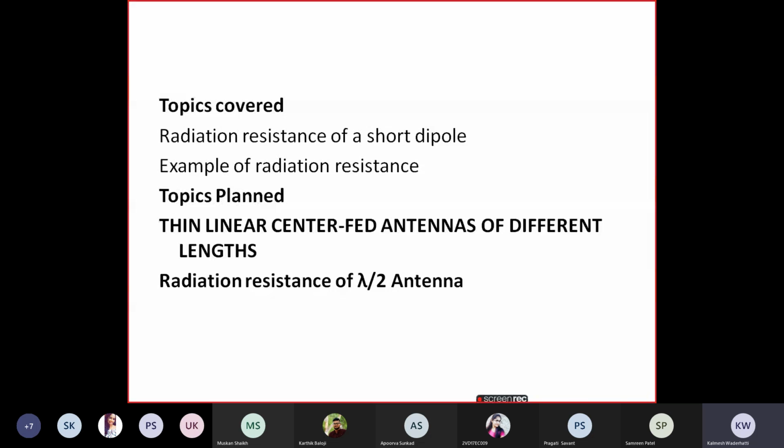Previously, we discussed the radiation resistance of the short dipole, as well as some examples.